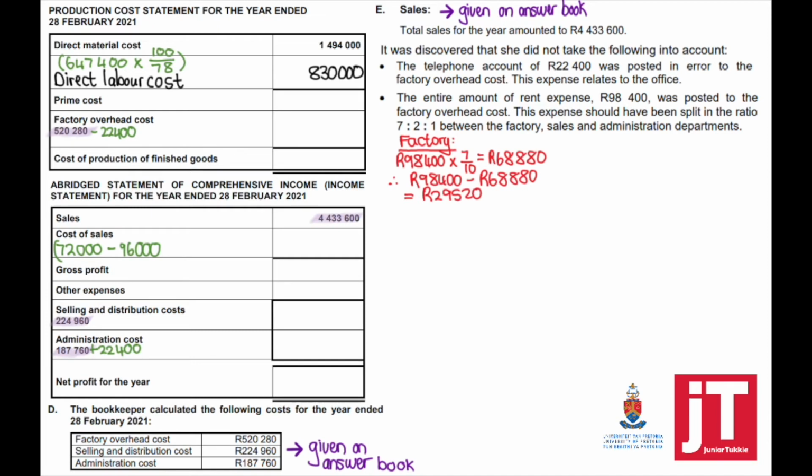So to correct this now, remember the entire amount was posted to the factory overhead cost. So I need to take out 29,520.